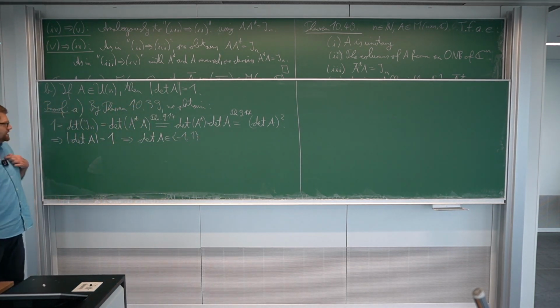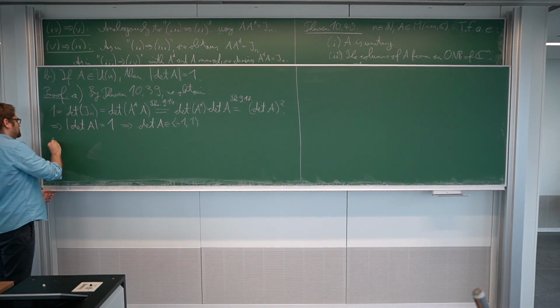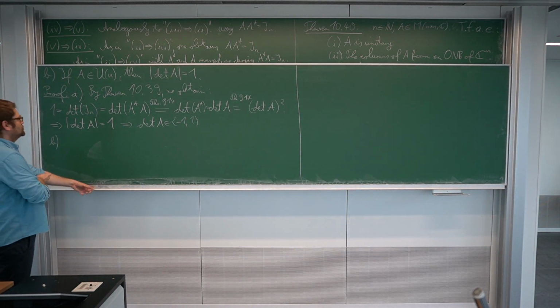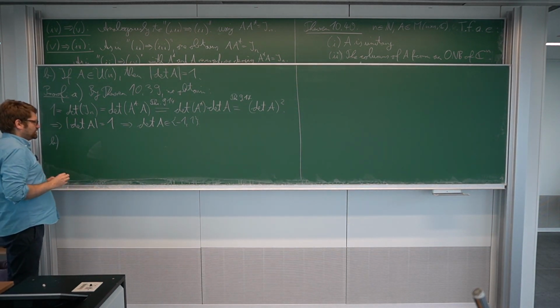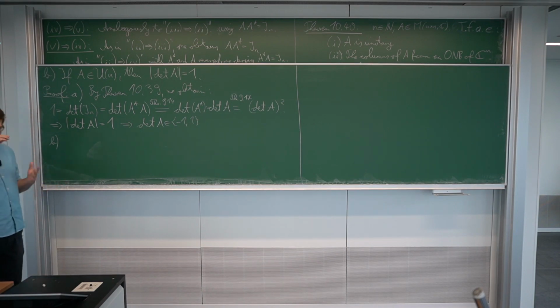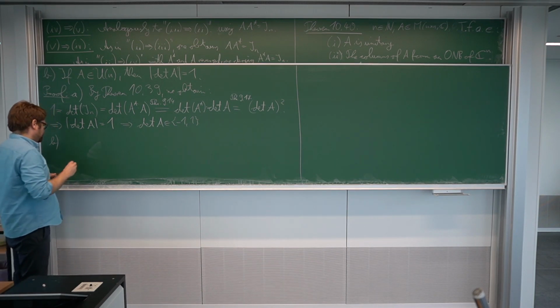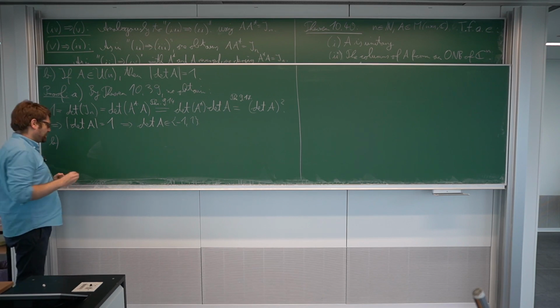Part B is now the same thing, just with this one complication of taking the conjugate of the determinant. First of all, this follows from the explicit formula of the determinant and the properties of complex conjugation.